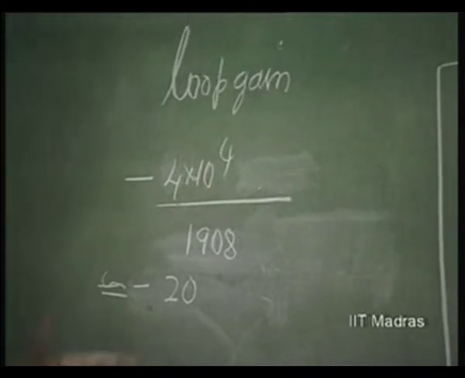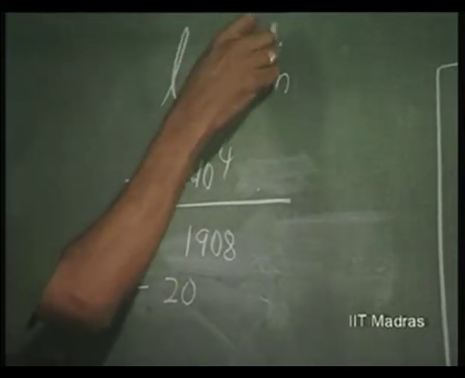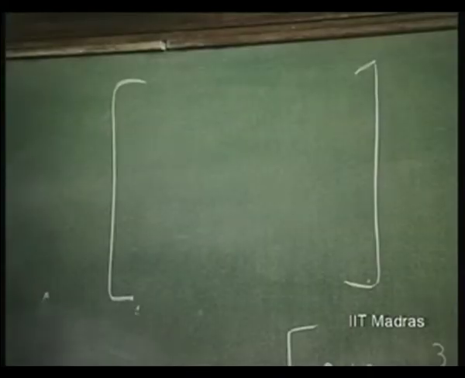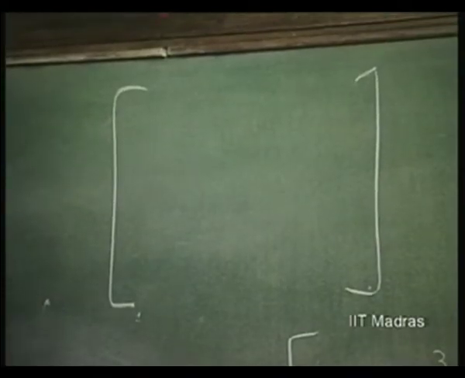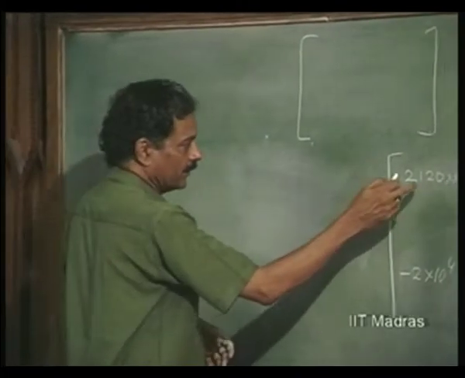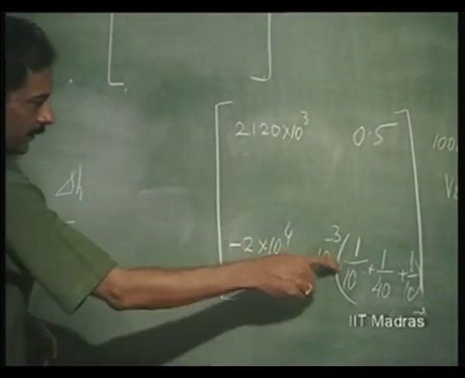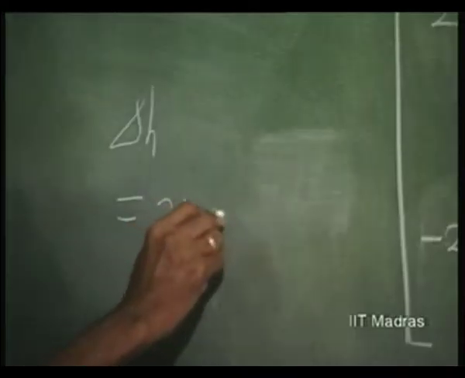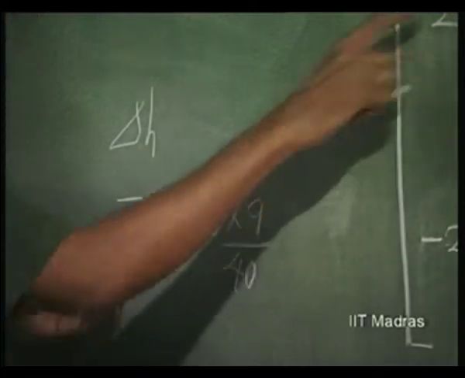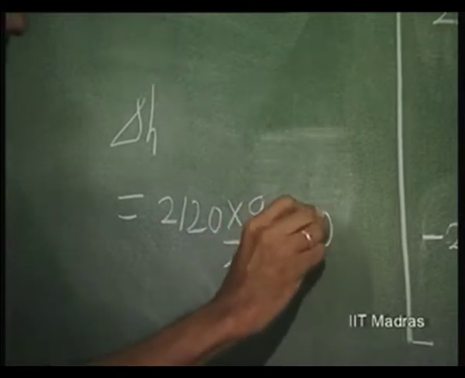Therefore, we can go ahead with evaluation of G parameter now to establish that this is resulting in a very good voltage controlled voltage source. For us to obtain the G parameter, let us find out delta H here, which is this into this, which is 2120 into 9 over 40, that is that factor, plus 10 to the power 4.